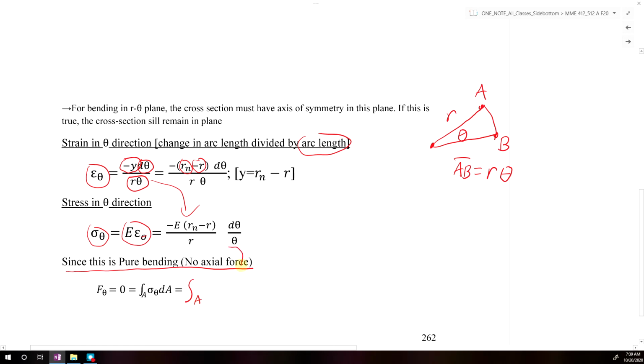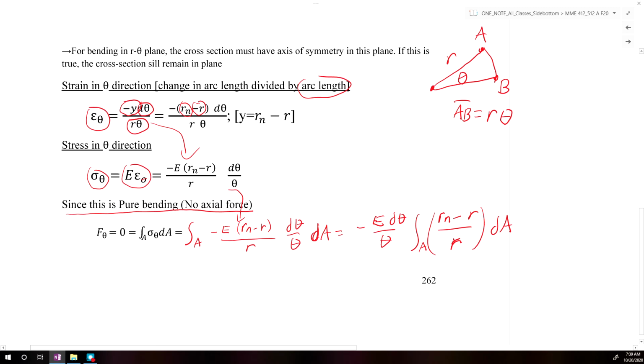We're going to plug in our sigma term: minus E times Rn minus R, divided by R, d theta over theta, times dA. Then we can bring out all of our terms that aren't functions of dA: E, d theta, and theta. We end up with an equation that is equal to the integral of Rn minus R over R, times dA.